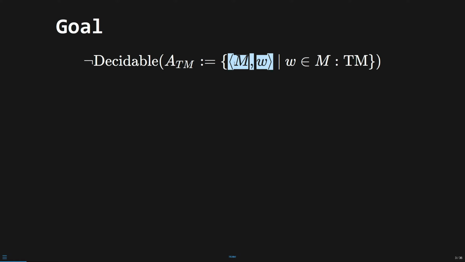This is a string. This is an element of the set of strings. The first element is M. M is a Turing machine. Turing machines do what? They accept, reject, or potentially do not halt on some input. What is the input? W. W is a word. So if this string is an element of the language accepted by this Turing machine, we perhaps should say L of M here. I think it makes no difference.